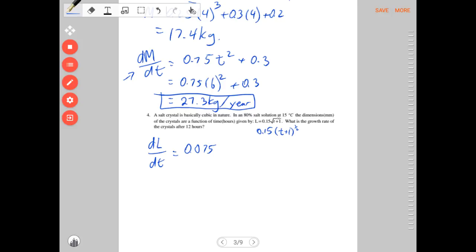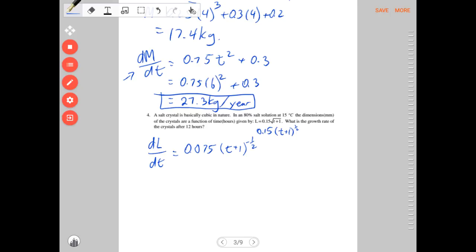Then we get t plus 1 to the negative a half. Now, that is in brackets, so we have to apply the chain rule. Lucky for us, the derivative of the inside is just times 1. So we could put that times 1, but it doesn't change anything, so we could ignore that if we really wanted to.